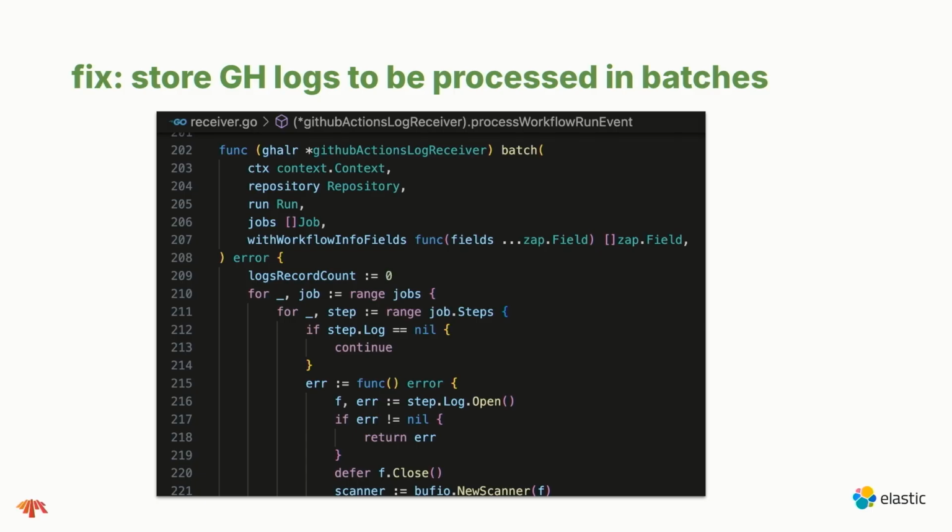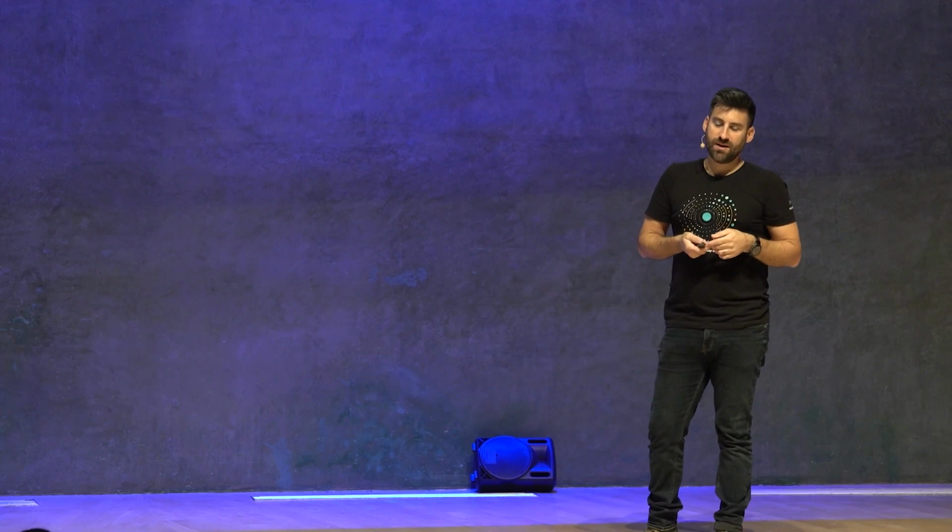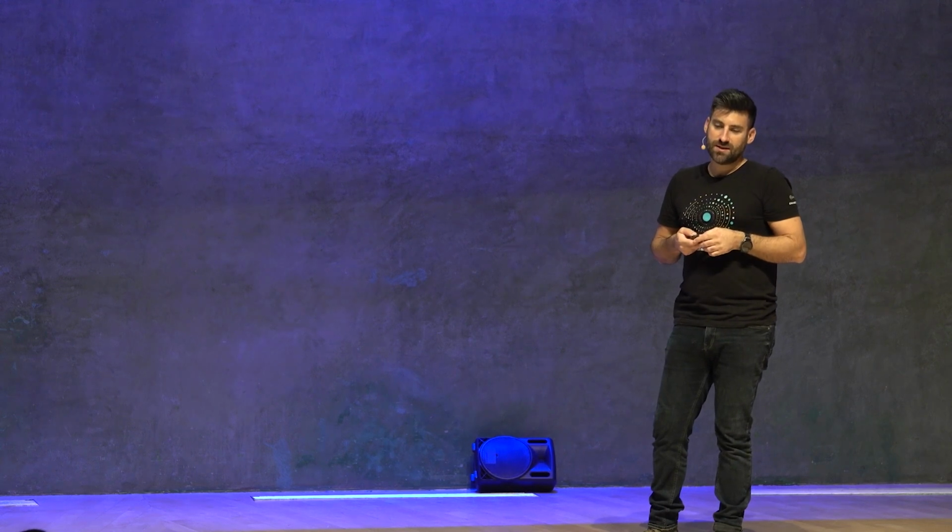What we did was store logs on the disk and then process them in batches. So we made this implementation like, OK, I receive 1,000 different workflows in GitHub that finish. I cannot cope with all of them. I'm going to process them in batches, and I'm going to store them in the file system so I can be sure I don't lose the data.